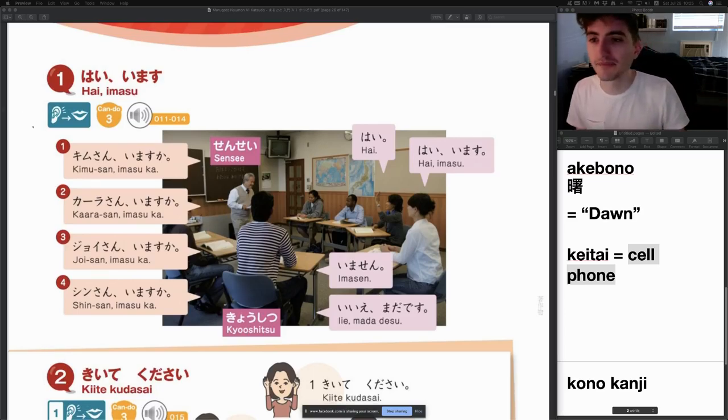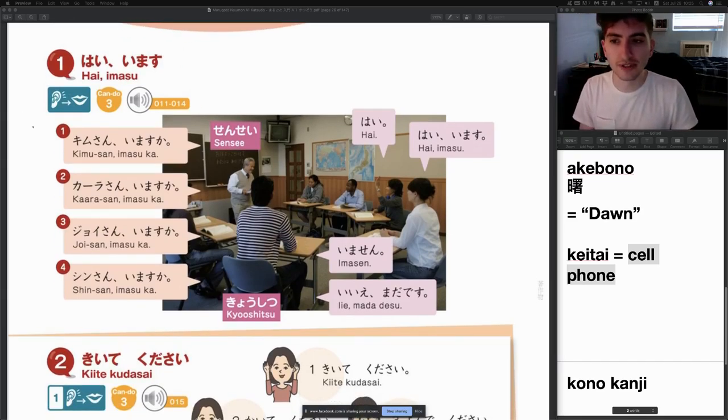はい、います. So what situation do we have? We have a classroom. Here is the sensei, the teacher over here. Sensei in the 教室, the classroom. And these people are the students, 学生. So the sensei is asking some questions.